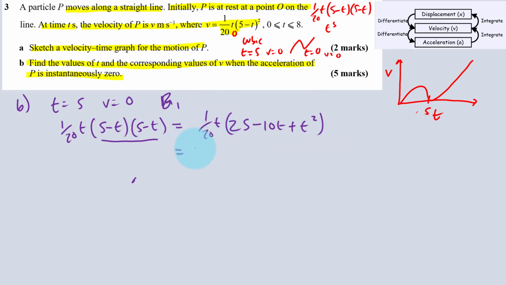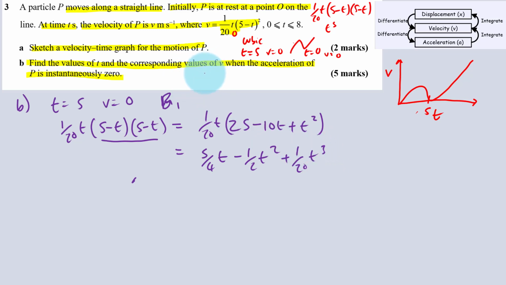So that's going to equal 25 over 20, which is going to be 5 over 4, minus a half t squared plus 1 over 20 t cubed.